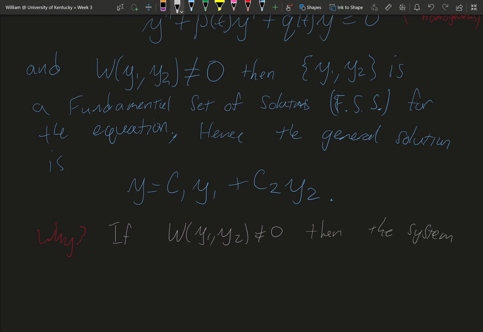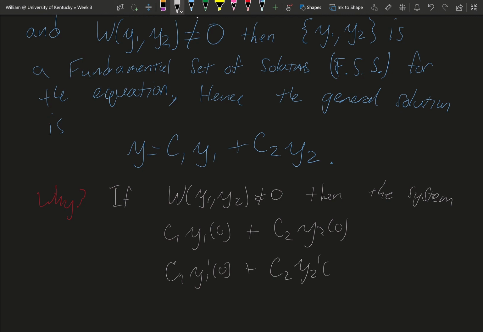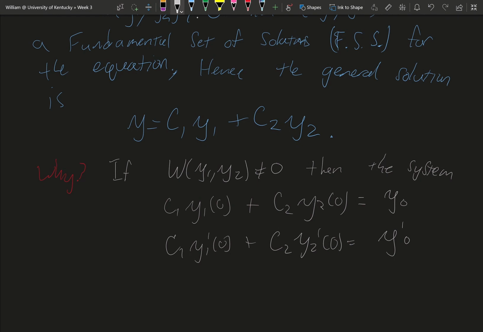So then the system of equations, c1 y1 prime 0 plus c2 y2 0, let's just say it's non-zero at 0, has a solution.